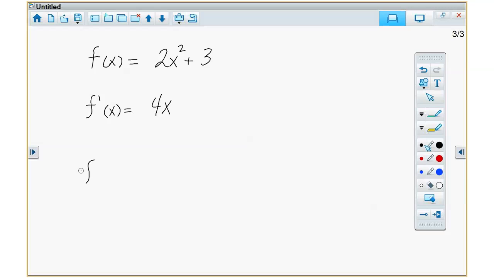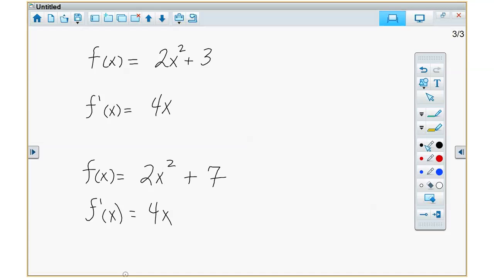Okay? We'll give you another example. F of x is equal to 2x squared plus 7. What's the antiderivative? Well, these have the same derivative.